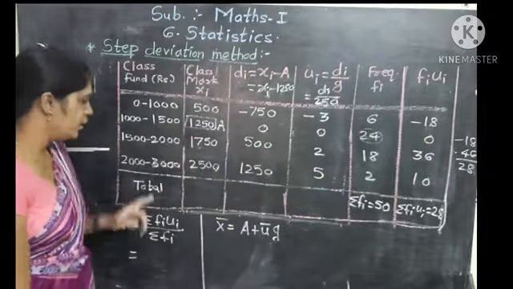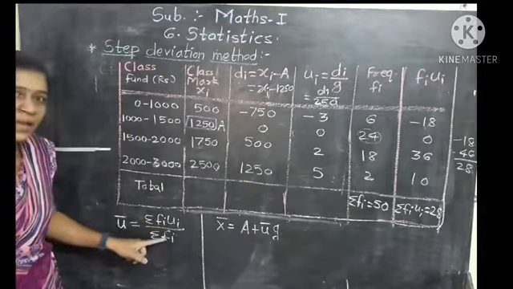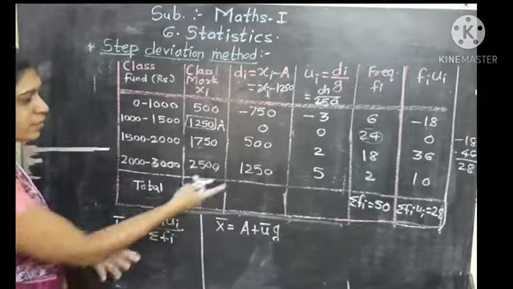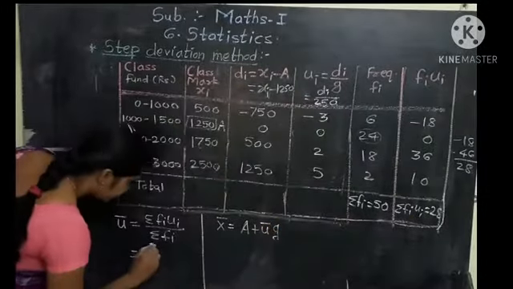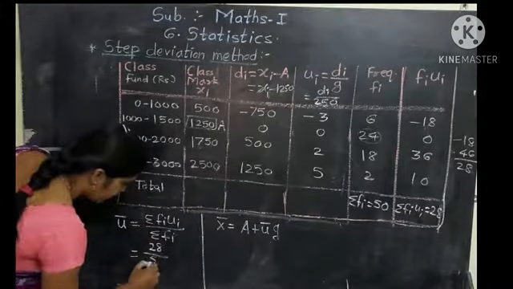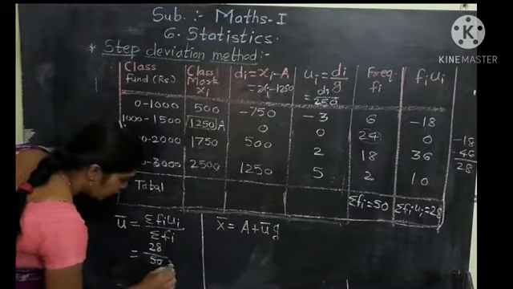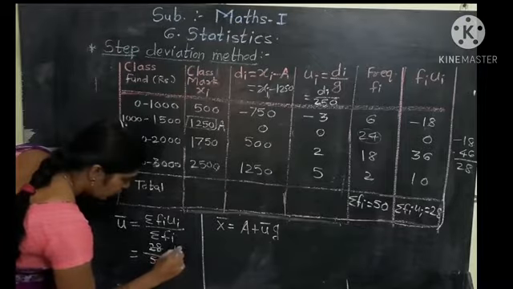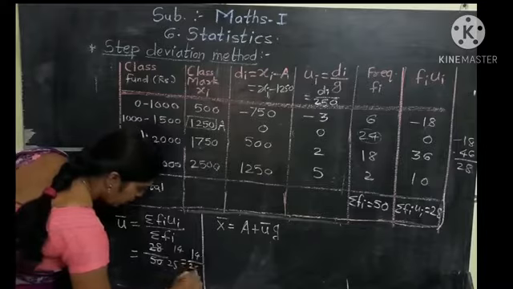Then write u bar is equal to summation fi ui divided by summation fi. What is summation fi ui? We found 28. Upon what is summation fi? 50. So 28 upon 50 is equal to 14 upon 25.